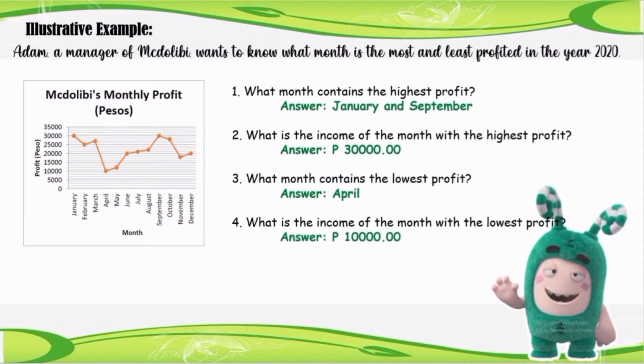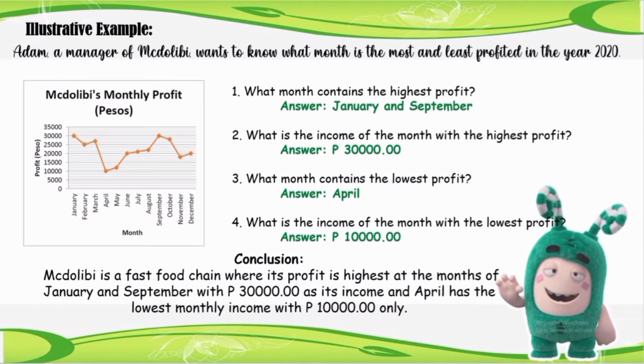That is 10,000 pesos. For our conclusion, McDollarby is the fast food chain where its profit is highest in the months of January and September, with 30,000 pesos as its income, and April has the lowest monthly income with 10,000 pesos only.